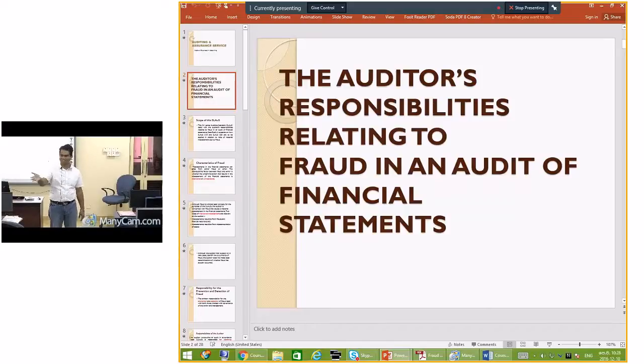Even yesterday was International Anti-Corruption Day. From last year onwards, that has been nominated, right? That issue is there, not only in the local context, everywhere. Corruption, frauds.